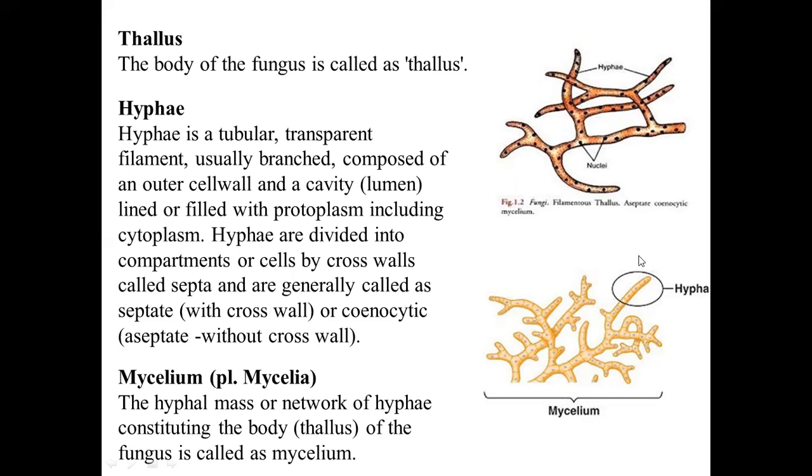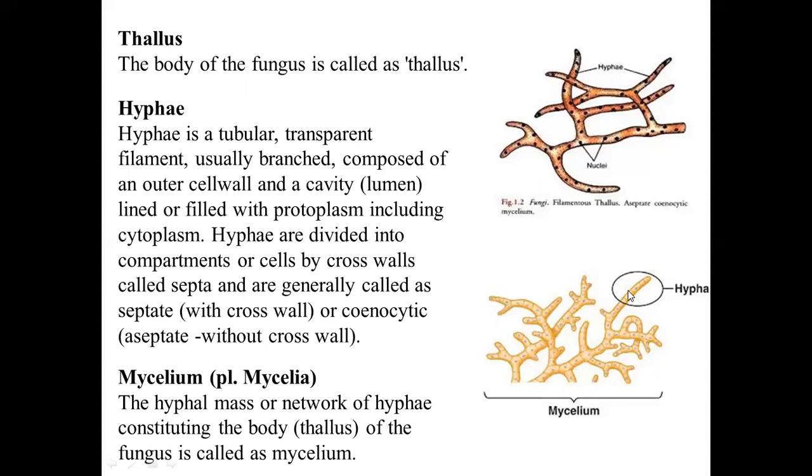So you can see here a single cellular or filamentous cell, that is hypha. A multinucleated cell is there, or a single nucleate filamentous hypha is there. Usually it is branched, composed of an outer cell wall and a cavity, that is lumen, lined or filled with the protoplasm, including the cytoplasm. So inside, the protoplasm as well as the cytoplasm is there.